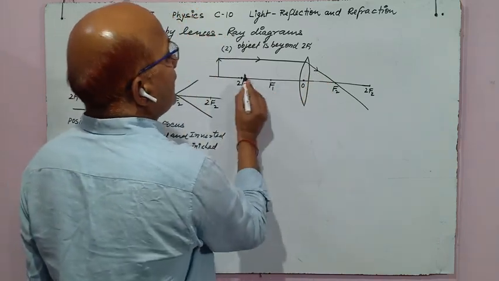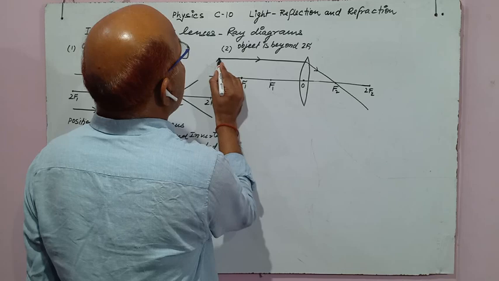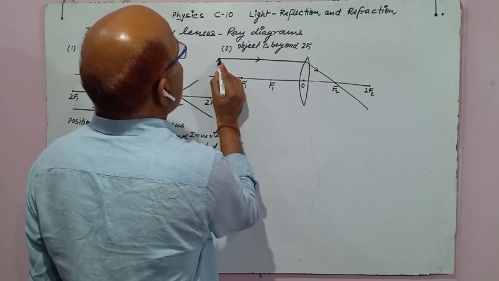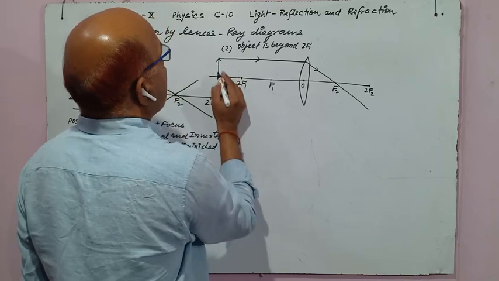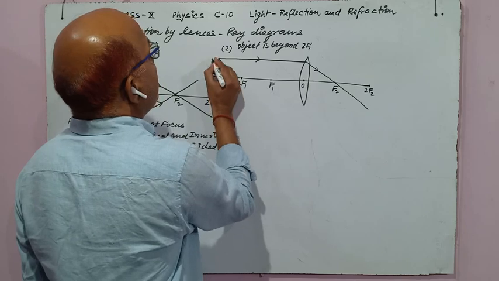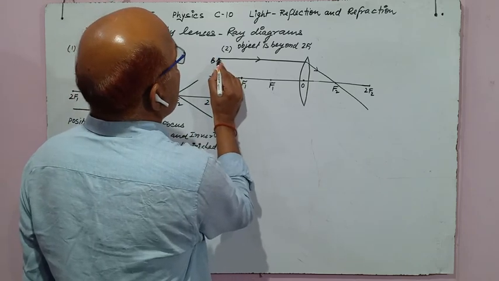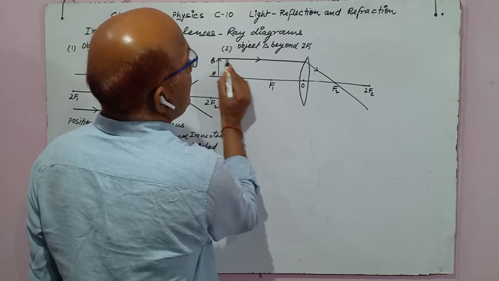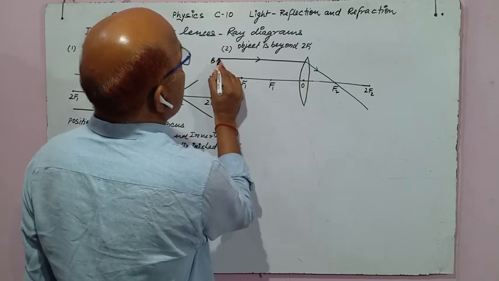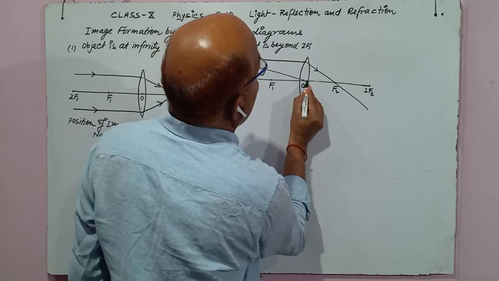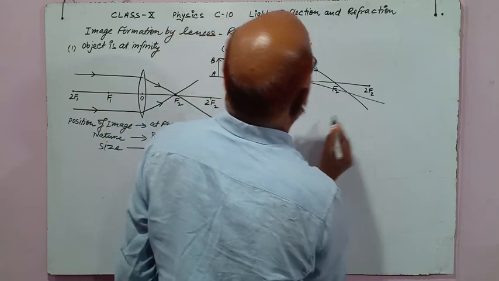And another ray is starting from the object. This is the object, AB is the object. So draw one more ray which is passing through the optical center, like this.